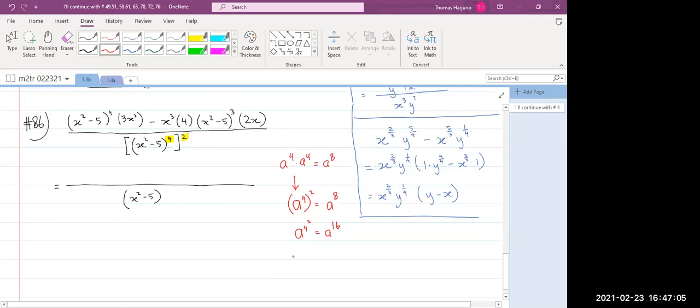To better distinguish that, let's look at how 4 times A to the 4th, squared behaves. The coefficient 4, when we square it, becomes 16. But the exponent 4, when you square it, becomes 8. I hope you can see the difference.